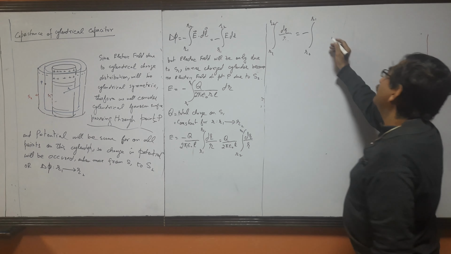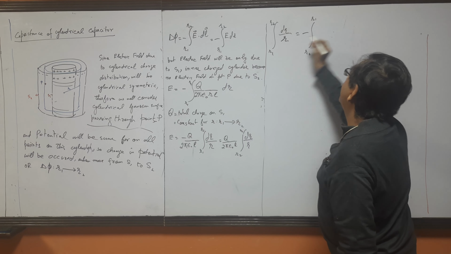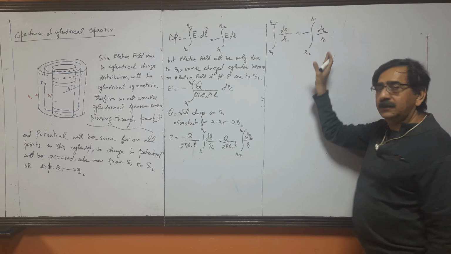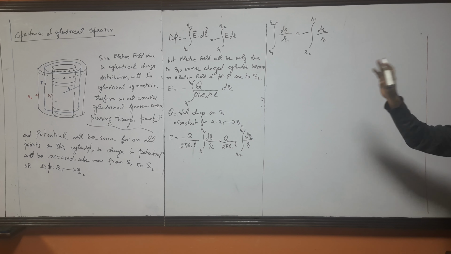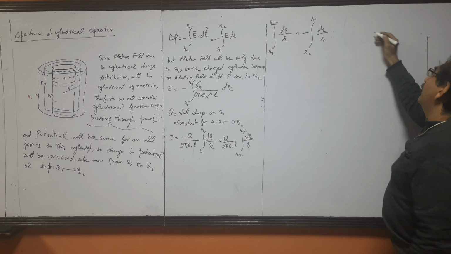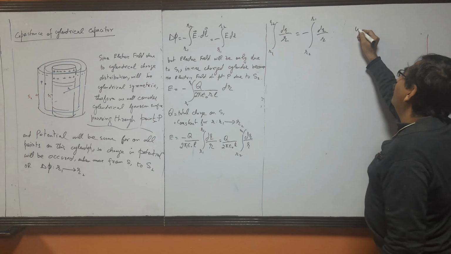One minute. dr over R, this is equal to this. Why? 4 minus 2 is 2. Okay. You want to say that 4 minus 2 is equal to 2 minus 4?